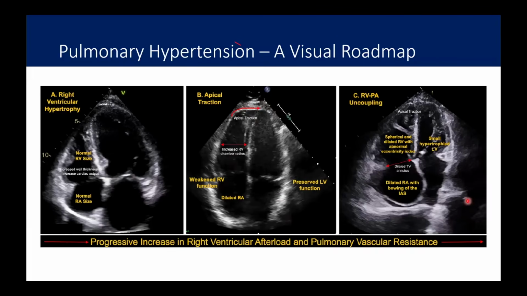And then finally, you reach end stage here where you have significant RV dilatation with bowing of the interatrial septum into the LV. You can have significant tricuspid regurgitation. Your eccentricity index will start to become abnormal, and we'll start going through all of these later.